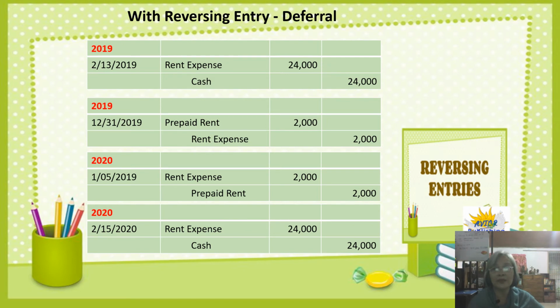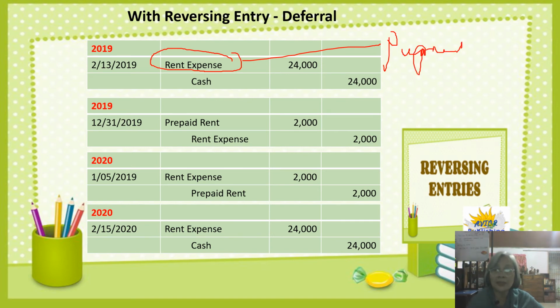So, pag advance payment of expense, meron kang option to use expense method or asset method. Pagka ang dinebit mo ay expense account, then that becomes an expense method. Kung ang ginamit mo naman ay prepaid account, prepaid, then that becomes asset method.